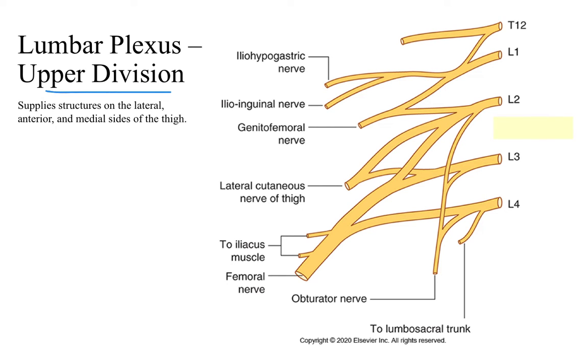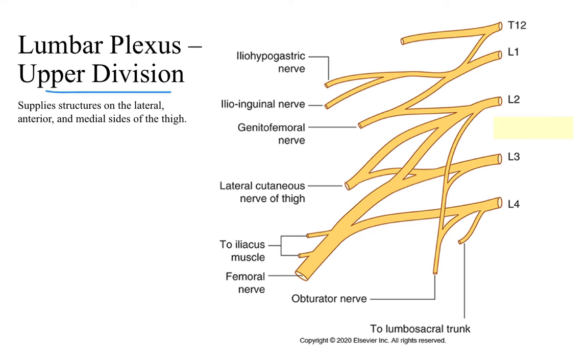In other words, if you're going down the spinal column, T12, L1, L2, L3, L4, S1, S2, and so on, the lumbar plexus sits physically superior to the sacral plexus, so we refer to it as the lumbar plexus or the upper division.